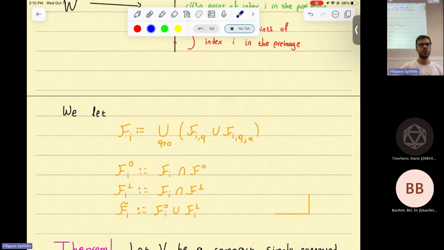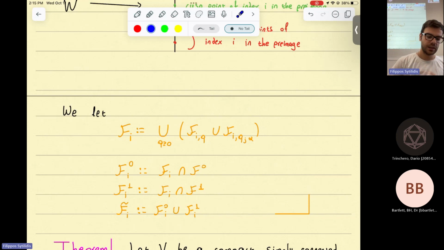They're basically Morse functions whose critical points only have index I and index I plus 1, and there is exactly the same number of index I and index I plus 1 critical points.